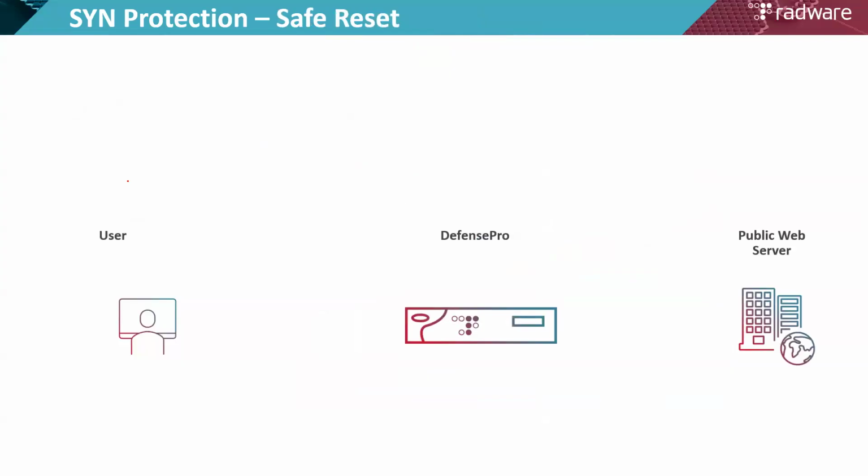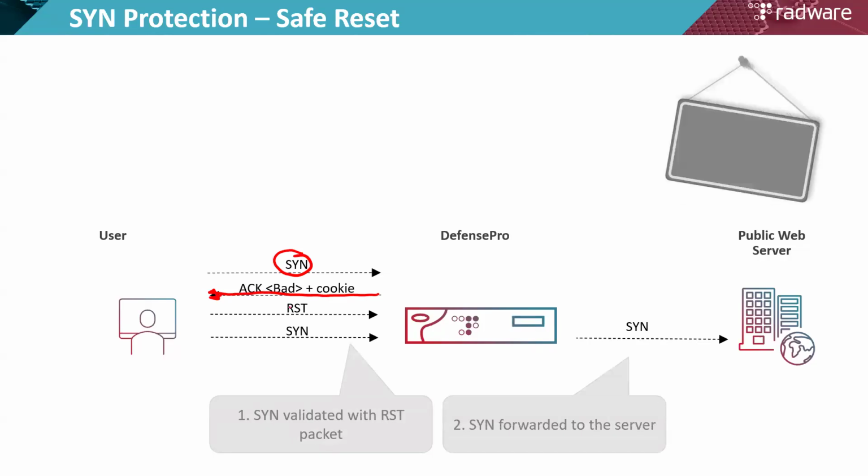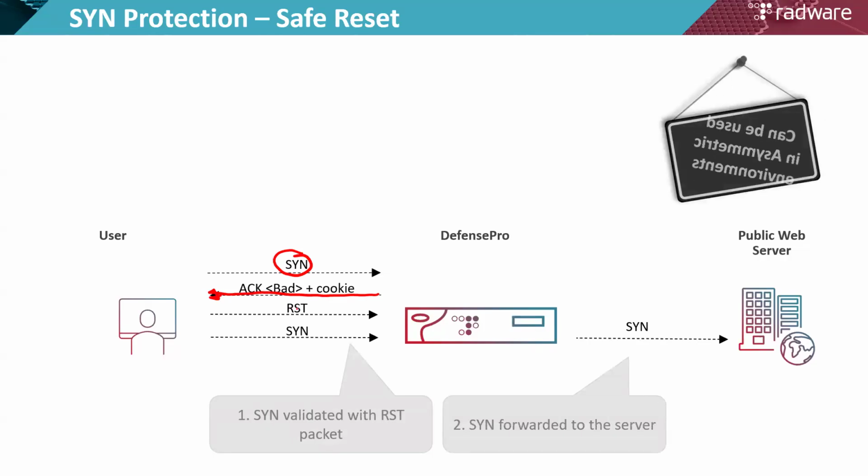So here is how safe reset works. The user is sending a SYN. The defense pro does not respond with a SYN-ACK. It will respond with a bad ACK packet along with some value. If this is the case, then the next thing that the user must do is reset that particular connection, since it has received a bad ACK packet, and again try to open a SYN connection.